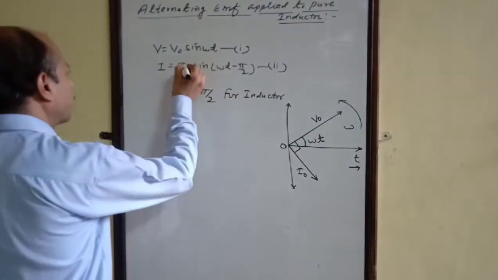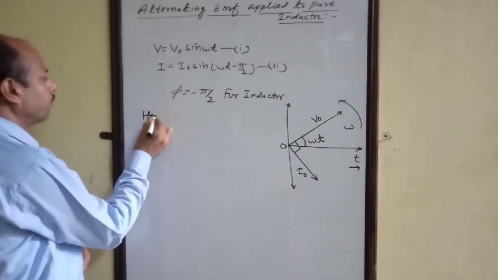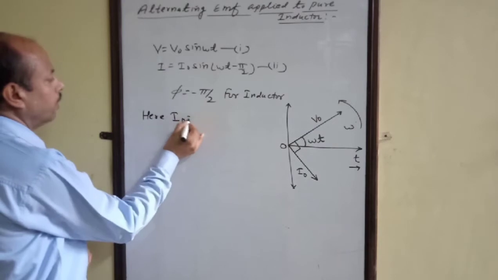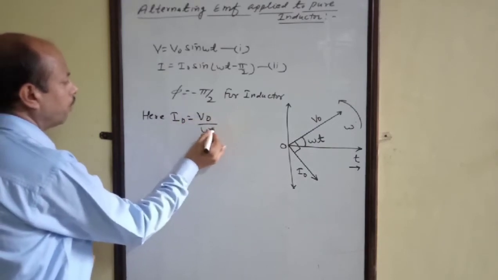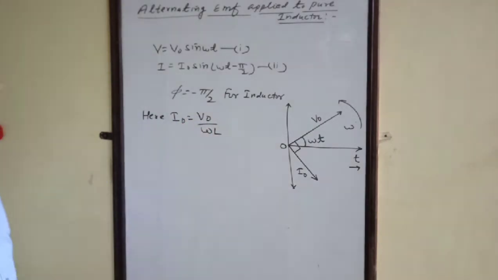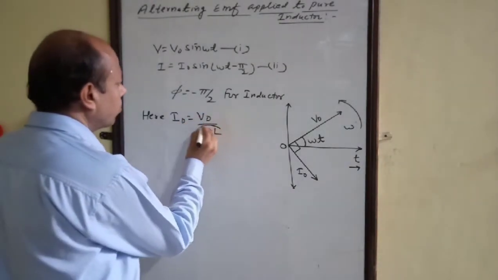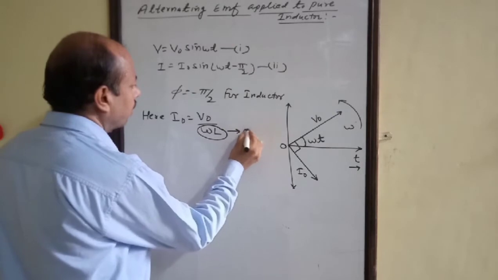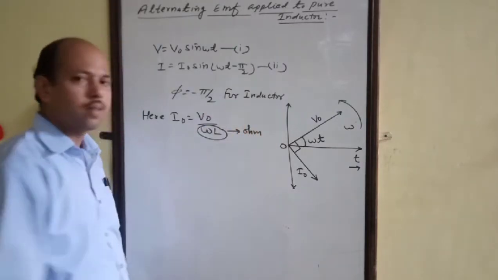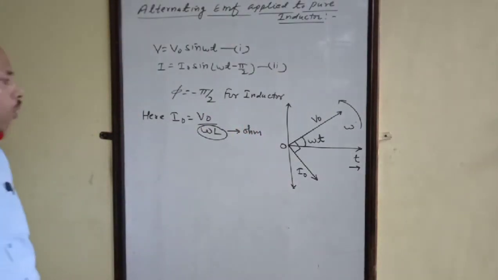Now we are discussing this quantity. Here I naught we have written as V naught by omega L. So definitely it is clear that this quantity will have the unit of resistance, which we can write as ohm.